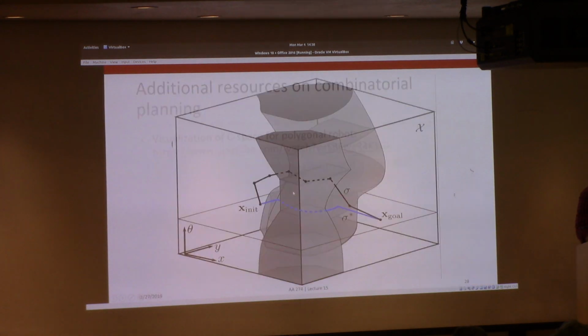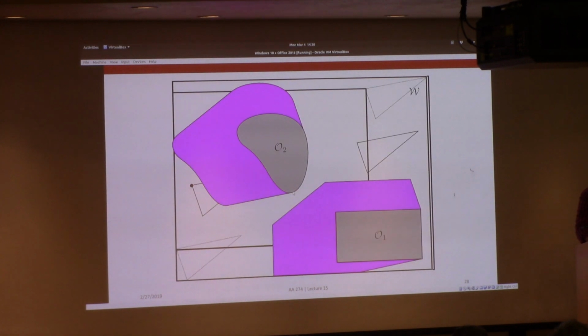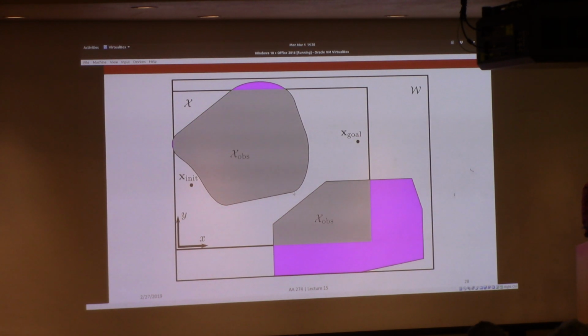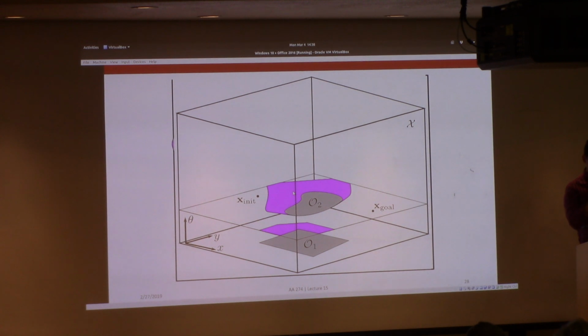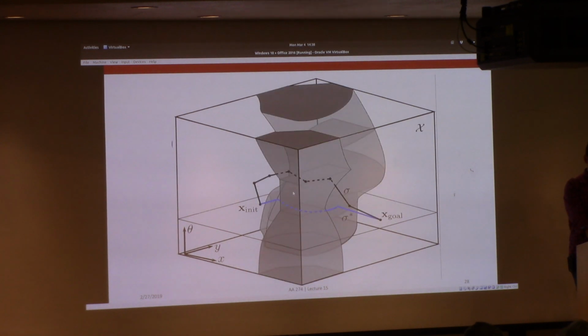So this is basically the illustration that we have here. For the example that we had earlier, we know that for a specific angle of rotation, we can compute one layer. Okay? And we can do that for all the angles of rotation of the robot and glue all those layers together to obtain this 3-dimensional shape.